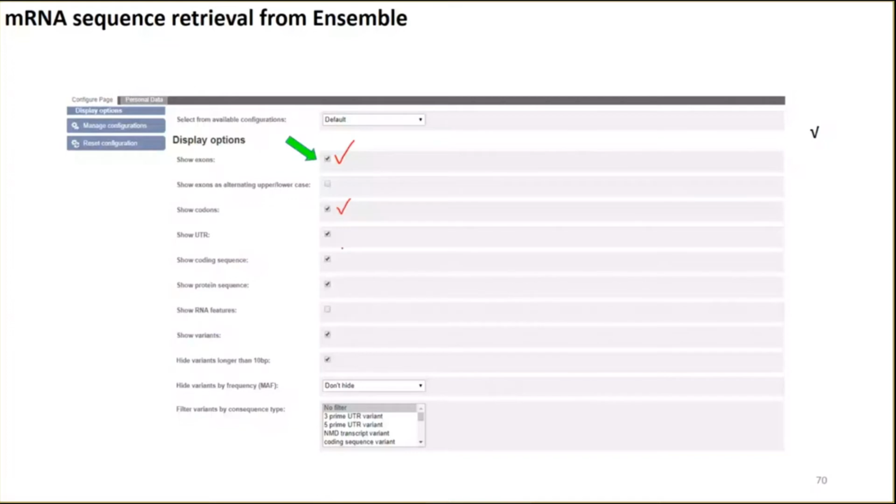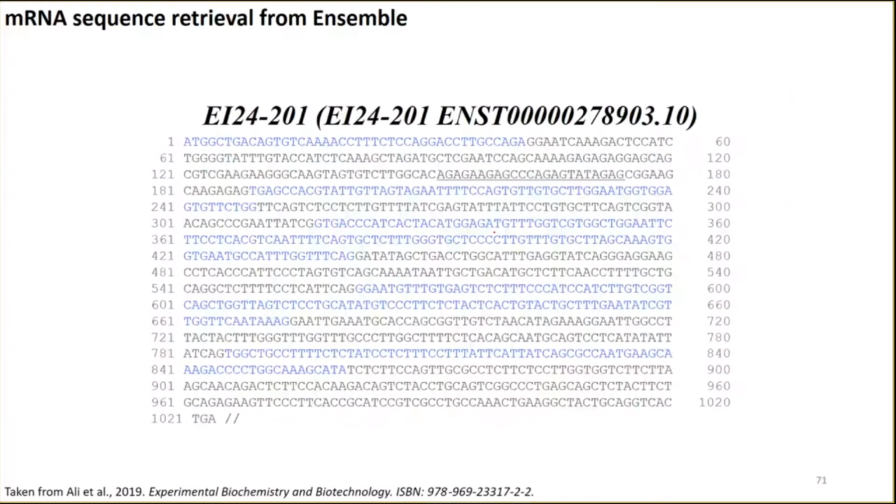When we select the first one and click OK, we come across this kind of sequence, which is very beautiful actually. This facility is not available in the NCBI when we obtain the mRNA sequence of EI24. This is the coding sequence. This is ATG, this is TGA, the stop codon. And you can see some of the bases are shown in blue and some in black. These blue and black are actually the alternative exons.